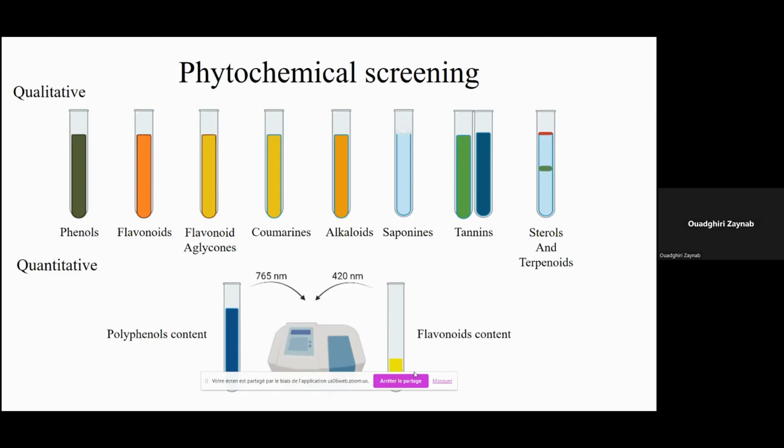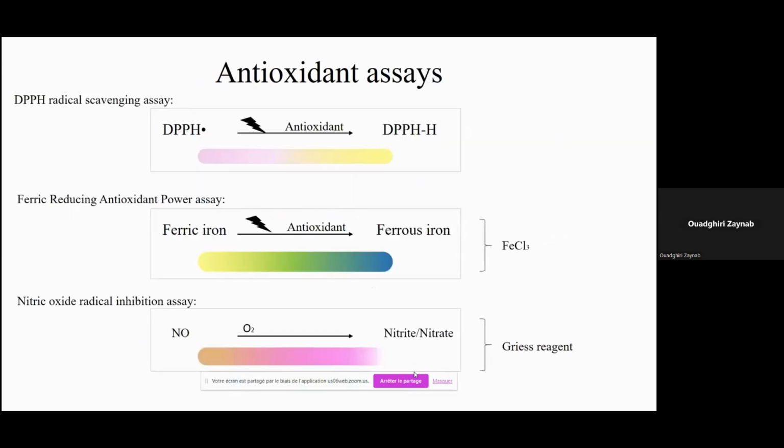We were specifically interested in phenols and flavonoids, where we determined the amount of each using the Folin-Ciocalteu and aluminum chloride assays, and the results will be shown as gallic acid equivalent and quercetin equivalent per gram of dried material, respectively. For the antioxidant properties, we went through the DPPH radical scavenging assay.